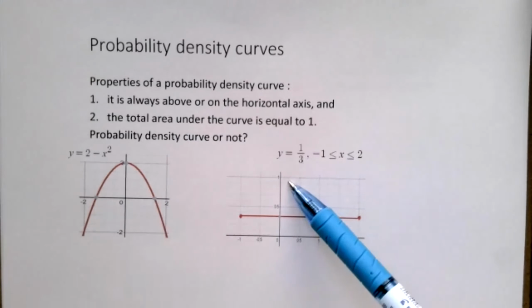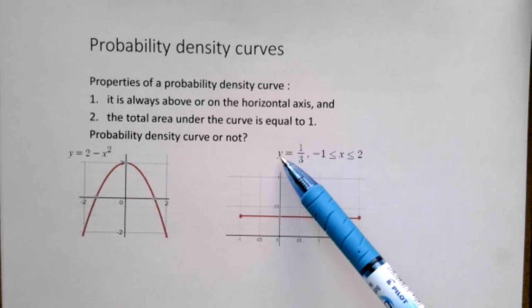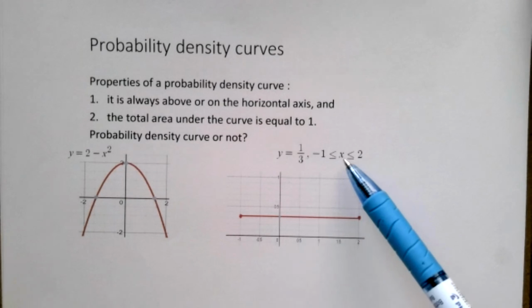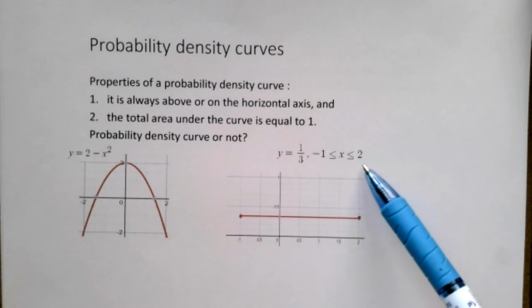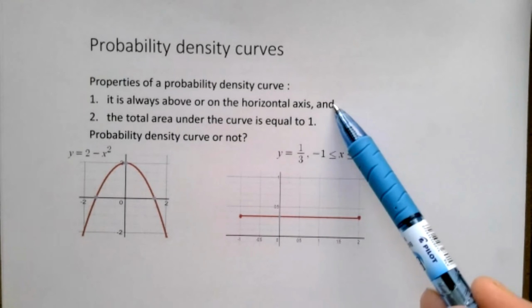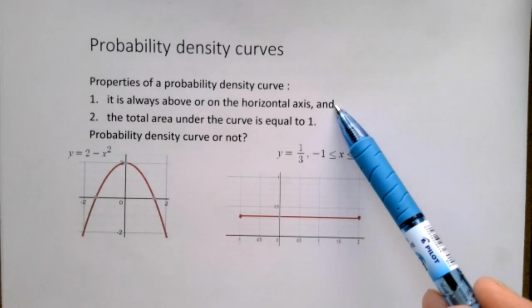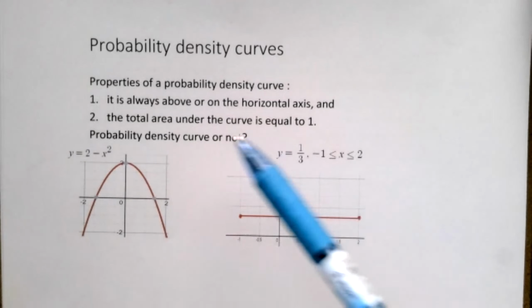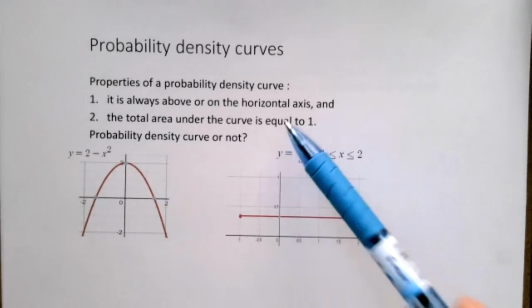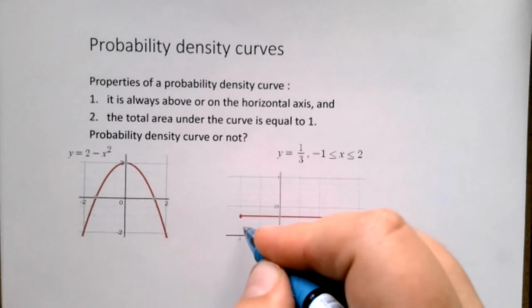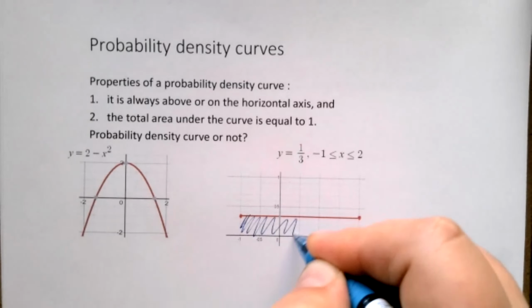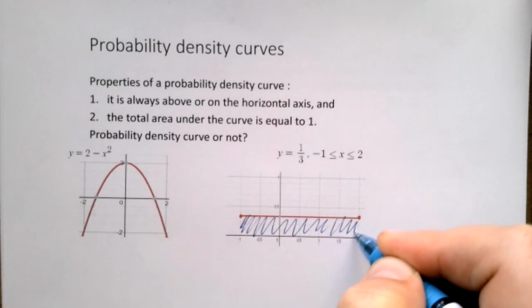Now, what about this one? It's the curve described by the equation y equals 1/3, where x is between -1 and 2. Well, the first point is satisfied. It's above the x-axis. What about the total area under the curve equaling 1? Let's take a look. This is our total area.